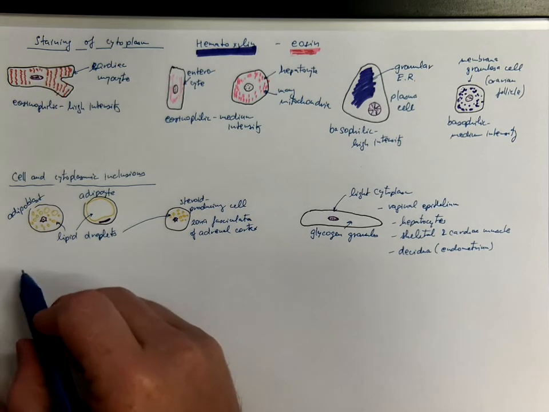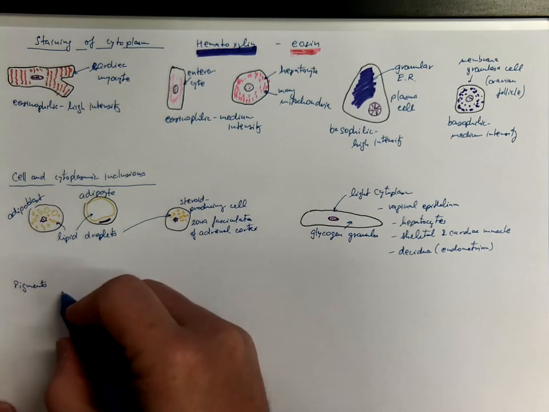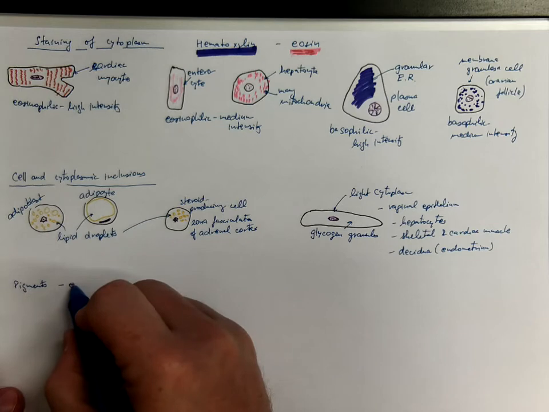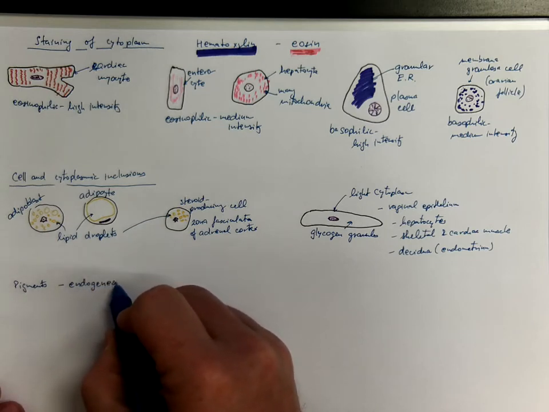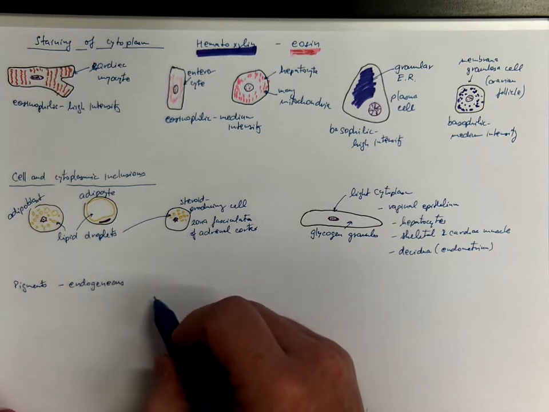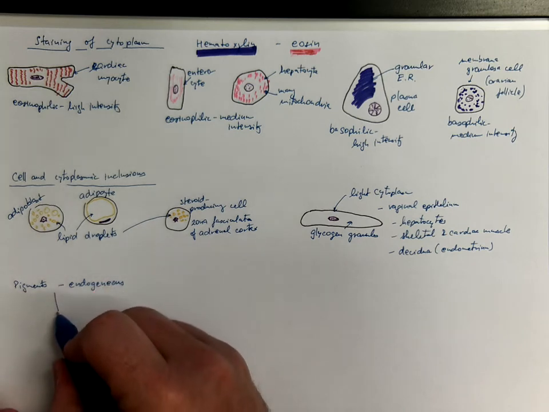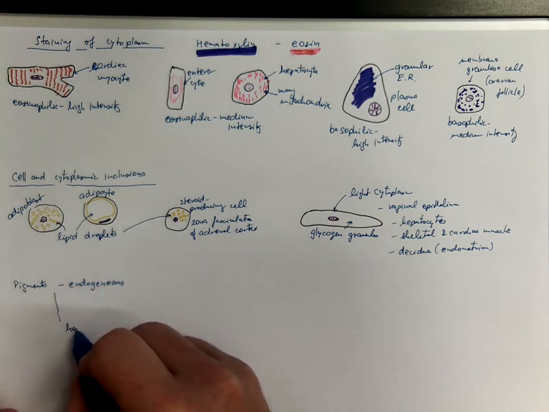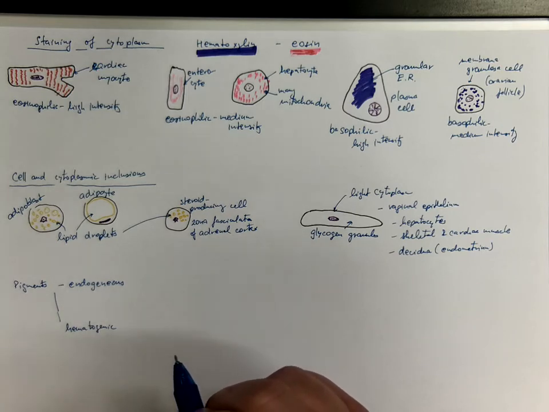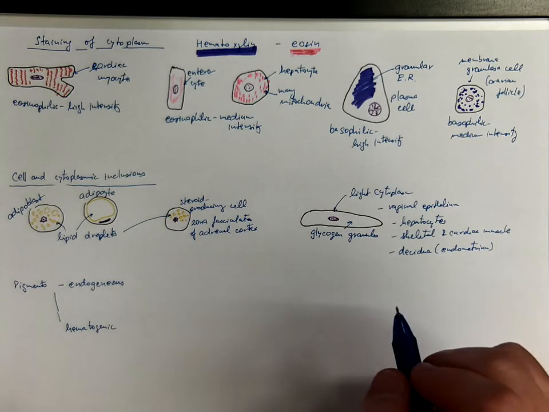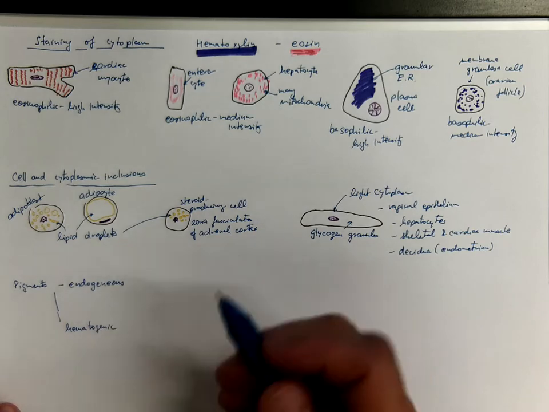Let's go to other inclusions, pigments. You can classify pigments as endogenous, that are products of the metabolism, or a separate group would be hematogenic pigments that are the hemoglobin breakdown products, and there could be more pigments like exogenous pigments.